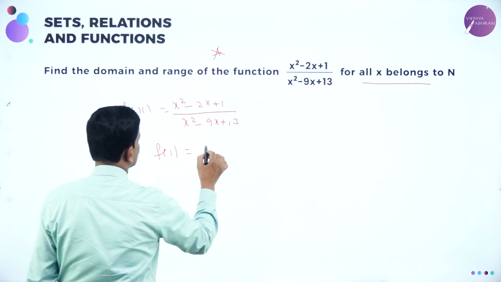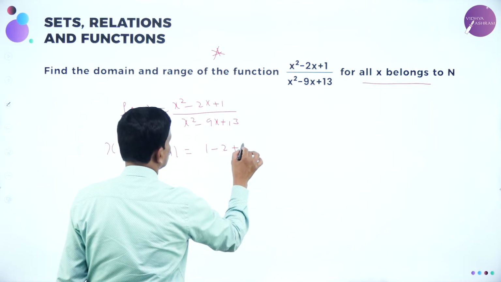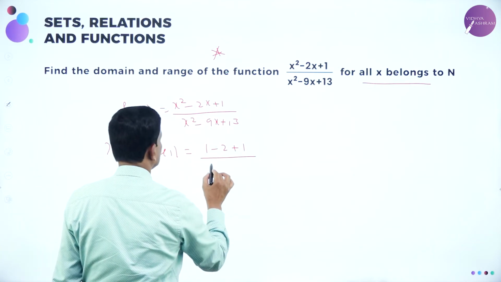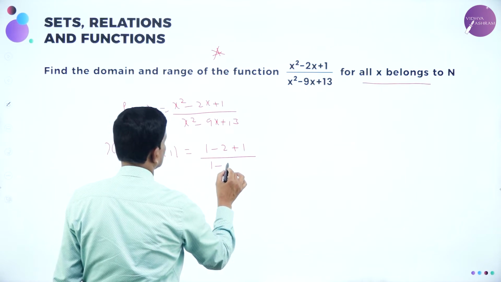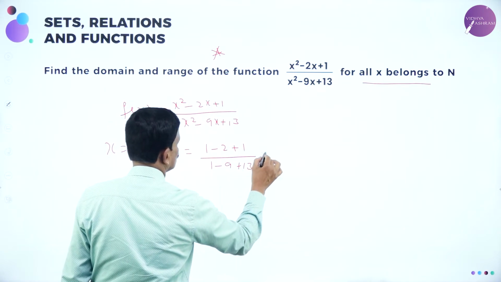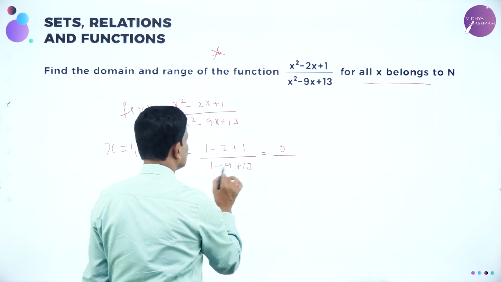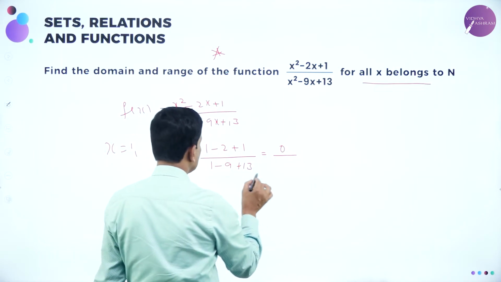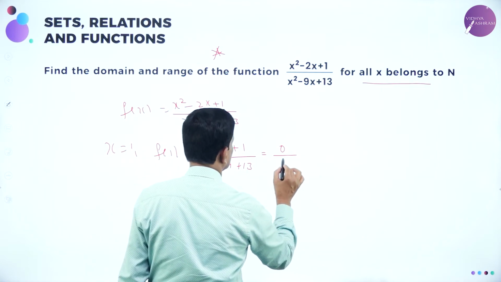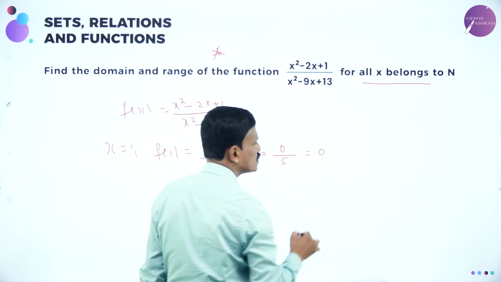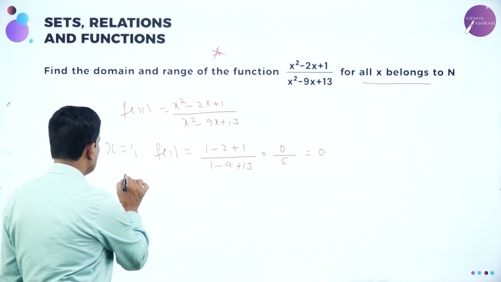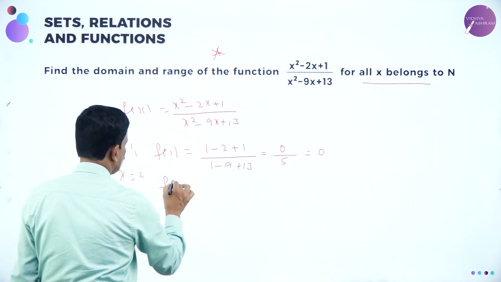f of 1 is equal to 1 minus 2 plus 1 divided by, in the denominator, 1 square is 1 minus 9 plus 13. So, what is this equal to? 1 plus 1 is 2, minus 2 is 0, divided by 13 plus 1 is 14 minus 9, which is 5. 0 by 5 is 0 itself. Okay. Now, take when x is equal to 2, f of 2.